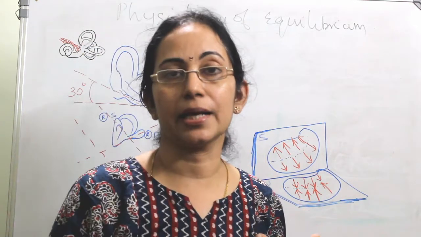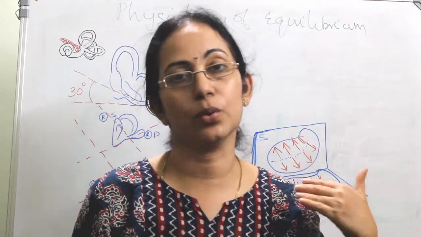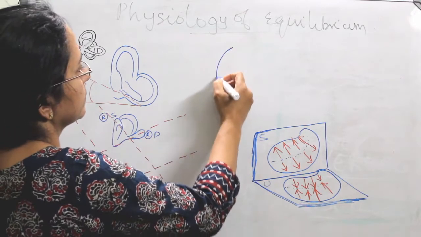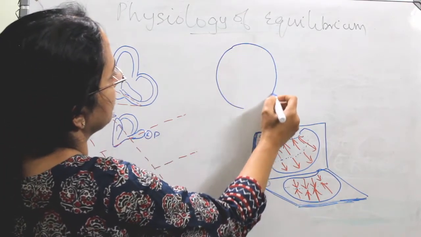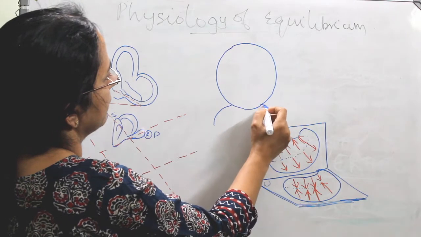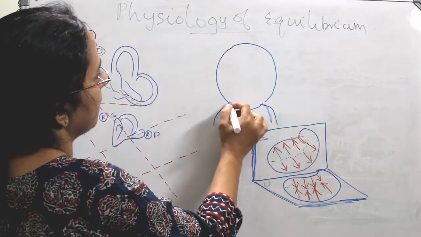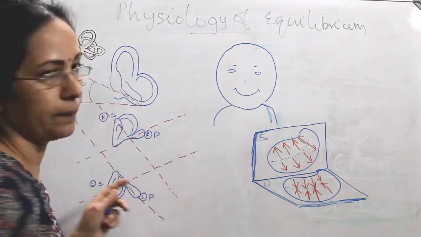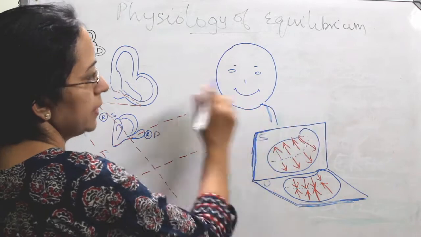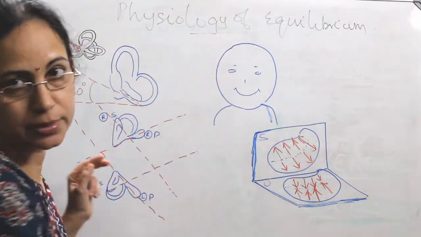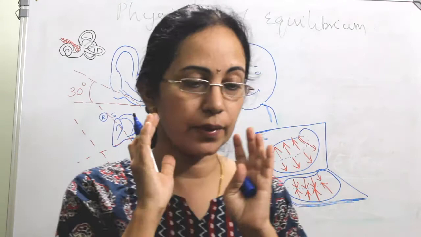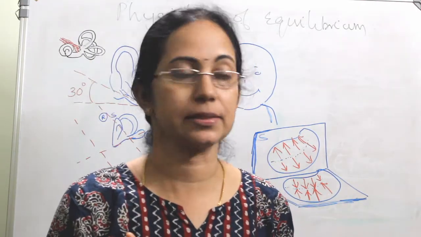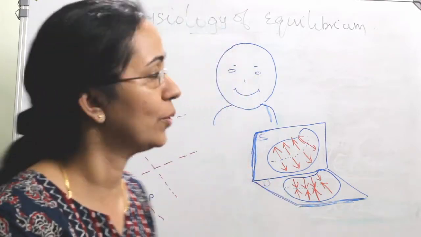One can be in the vertical axis and another can be in the horizontal axis. Horizontal axis is the shoulders. So if it is in this plane, it is a horizontal axis, and this one is a vertical axis. So if I am moving horizontally like this in a vertical axis, what is that? That is yaw. Okay.